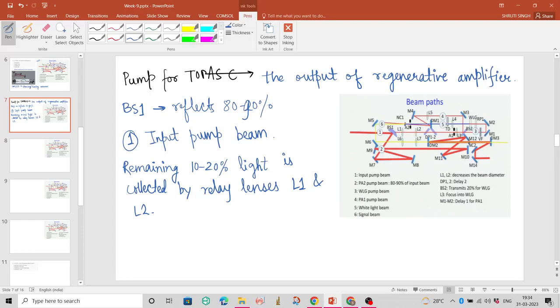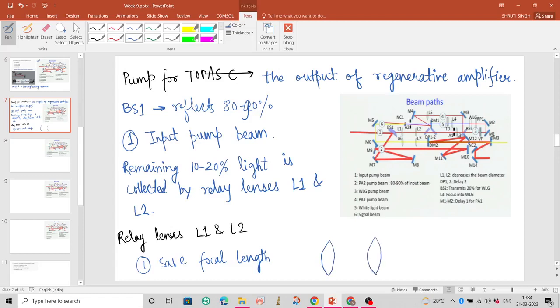These are called relay lenses. So what relay lenses do, relay lenses L1 and L2. Here, what is the work of a relay lens? If two lenses have the same focal length, then what will happen? Suppose this is one lens and this is the other.